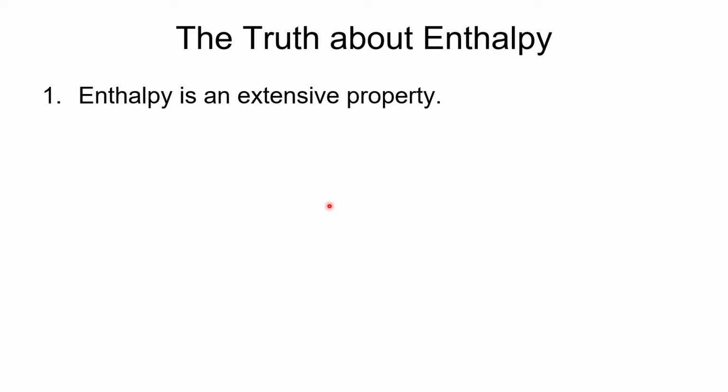First of all, enthalpy is an extensive property, and that means that the amount of heat that's given off depends on how much stuff is there. If you burn 1 mole of butane, you're going to get a certain amount of heat, and if you burn 2 moles of butane, you'll get twice as much heat. That's all it means.